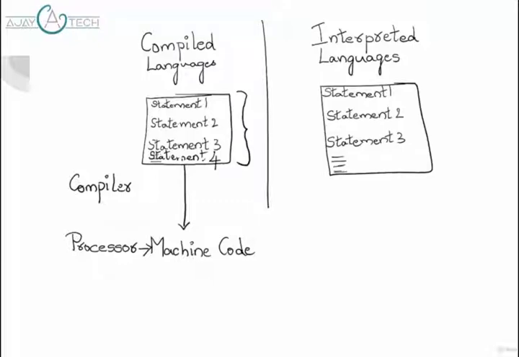So the process of compilation is slow, but machine code can be executed quickly. And examples of compiled languages are C, and we have COBOL and BASIC.